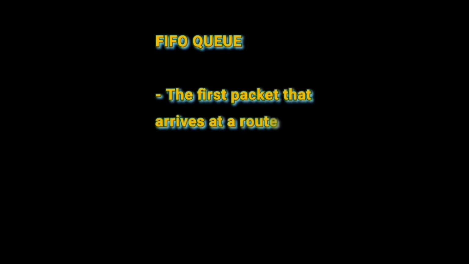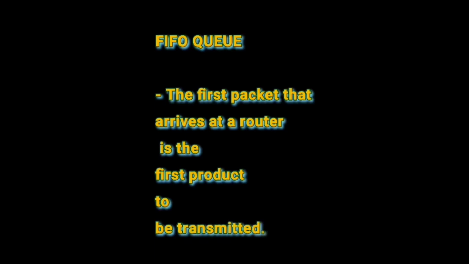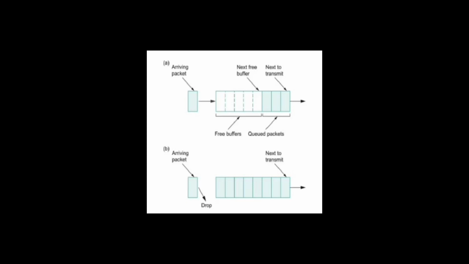FCFS is implemented by using the FIFO queue. So, ibig sabihin ng FIFO queue is the first packet that arrives at a router is the first packet to be transmitted. Kumbaga, parang siya itong sa cellphone sa mga keypad na bar. Itong pag nag-charge ka, may lumalabas sa taas para makita mo kung ilan na ang bars ng cellphone mo.